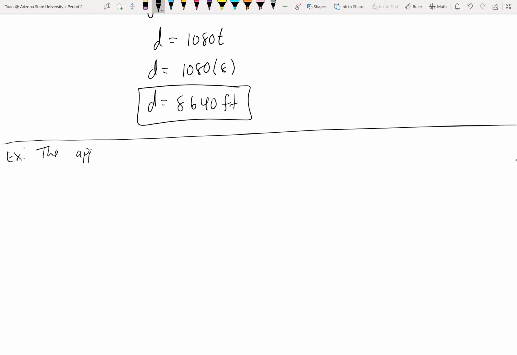The apparent brightness, and they're going to give you the variable capital B, of a light source. Could be a light bulb, it could be a flashlight, whatever. And the units for apparent brightness is watts per meter squared.